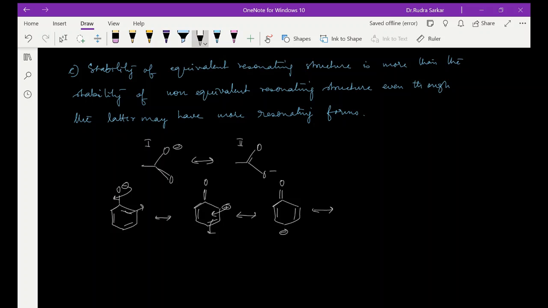So as we can see, even though phenoxide ion may be having more resonating structures in comparison to the acetate ion, but in reality, both the acetate structures that you see are more stable and will be making more contribution towards the eventual hybrid, which is obviously the one shown over here.